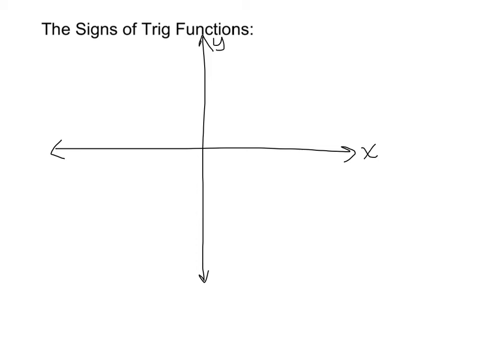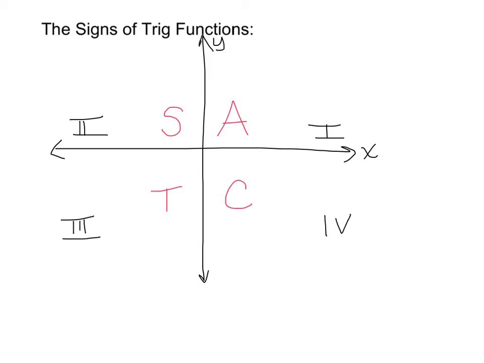And we have this acronym to help us remember: A SMART trig class. Or some people say all students take calculus. And remember, we always go counterclockwise. And this is quadrants 1, 2, 3, 4.